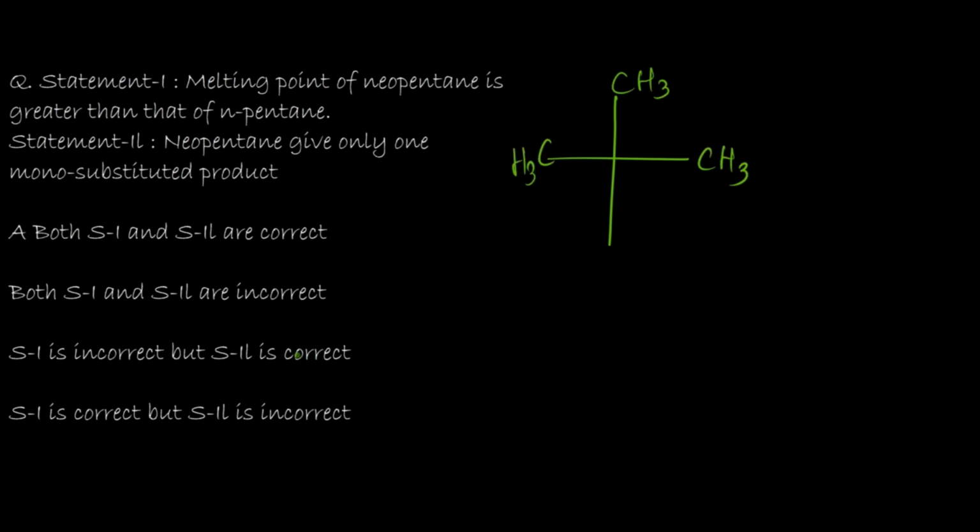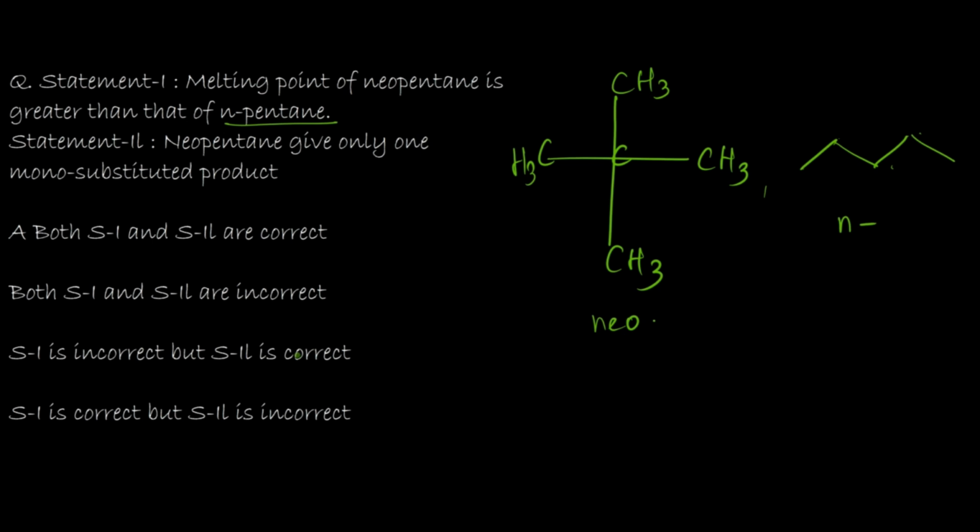Pentane means 5 carbons, connected like this. What they are asking is melting point. We have to compare neopentane with n-pentane. So what is n-pentane? 1, 2, 3, 4, 5. This is n-pentane and this is neopentane.